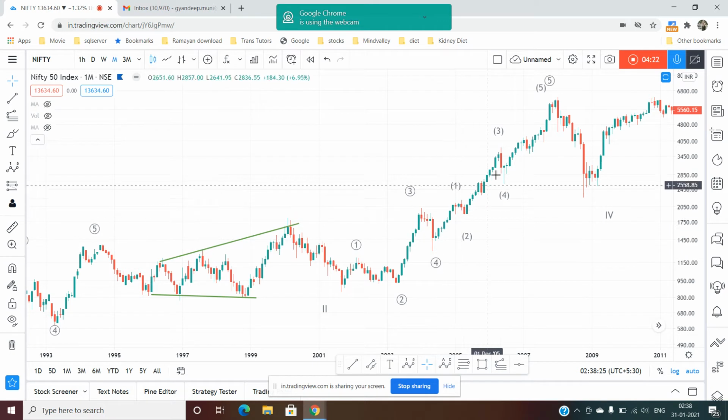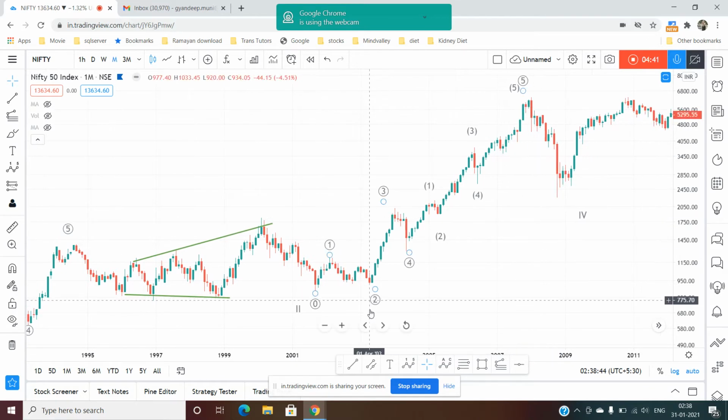Now you can see this is an extended fifth wave. An extended fifth wave has one property: when it falls, it will go directly to the second wave of the lower degree. So 1, 2, 3, 4, 5. So this is the second wave. Let us fall to the lower degree here. So now we have defined the third wave very clearly.